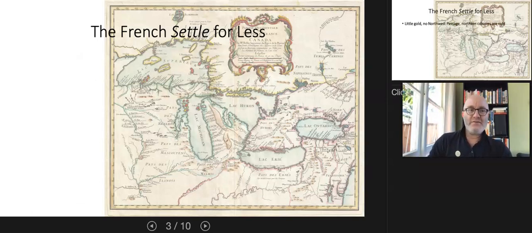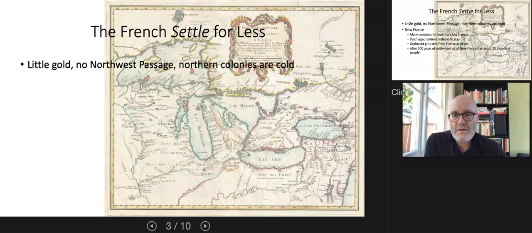France, their settlement, they settle for less, as it were, while Spain is kind of doing a smash and grab of all of the gold and silver in Central and South America. France is not doing much. There's no gold where they settle. They're looking for a northwest passage to Cathay or to China.